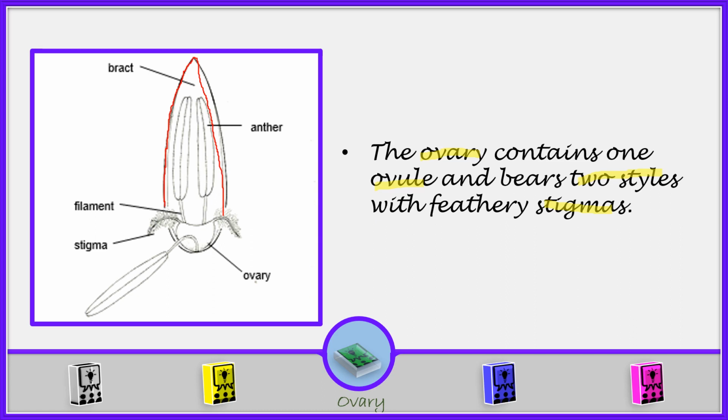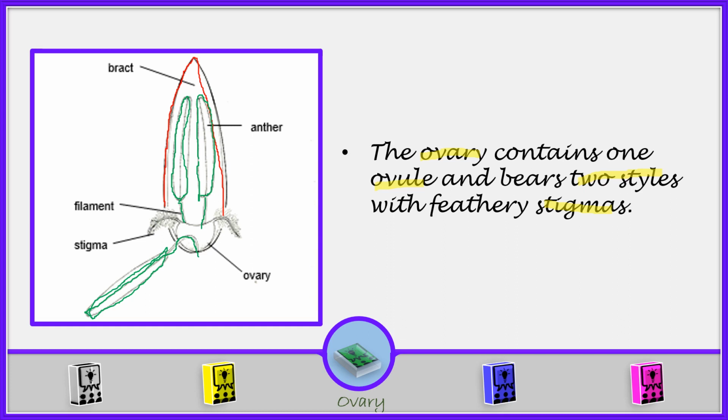The ones we are seeing in the middle are anthers, and down here we have the filament. There are three stamens. Stamens are the male parts of a flower, and a stamen is made up of an anther and a filament. If you can see, there are three stamens.